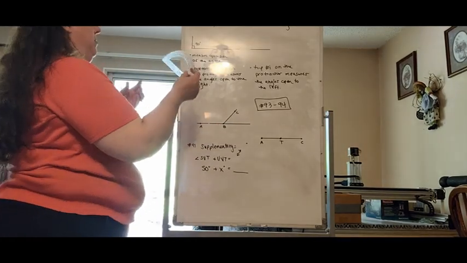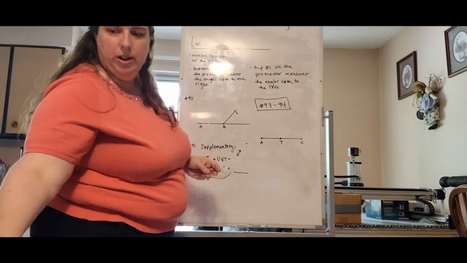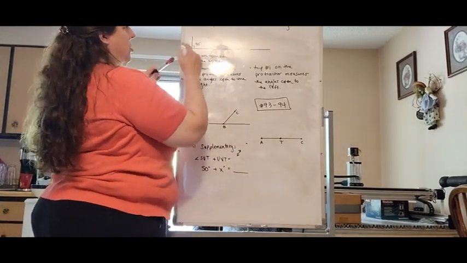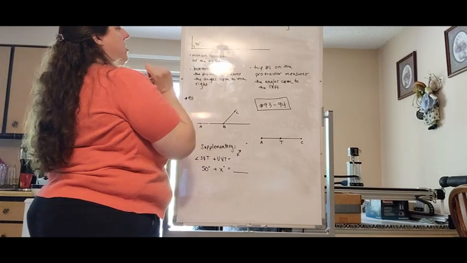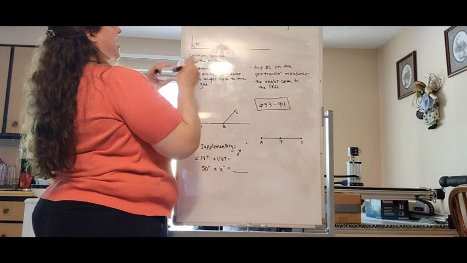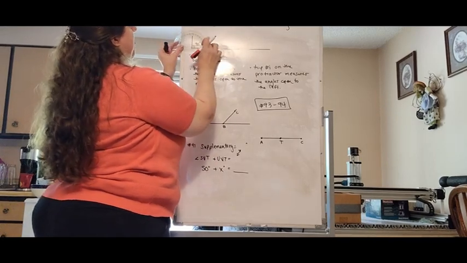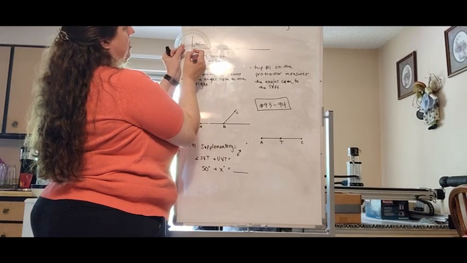Okay, so some examples. This is a 90-degree angle. How do I know? Well, I drew it, but I put a straight line on the bottom, and then I put a little dot right there for the end of my line. And then I put, see that little hole right there?